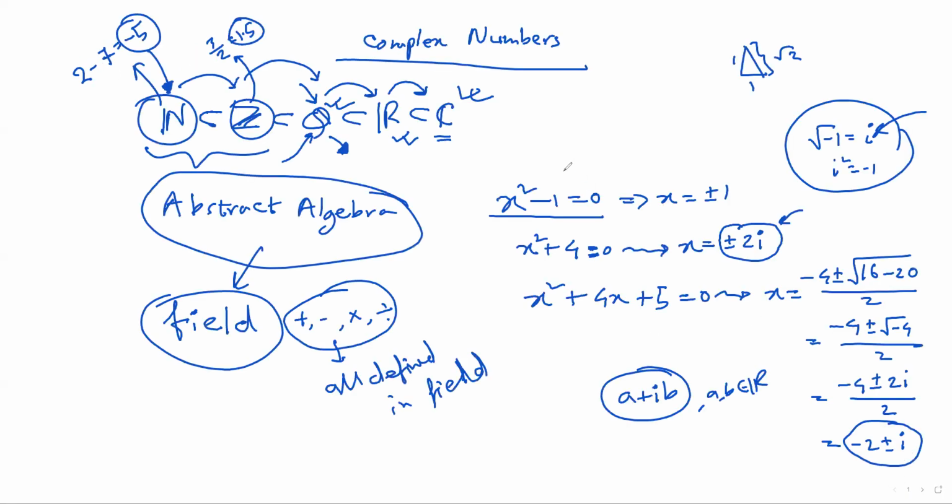I did not really define the term complex numbers. These numbers are called complex numbers. And sometimes numbers of this form, particularly ib, are called imaginary numbers or purely imaginary numbers.